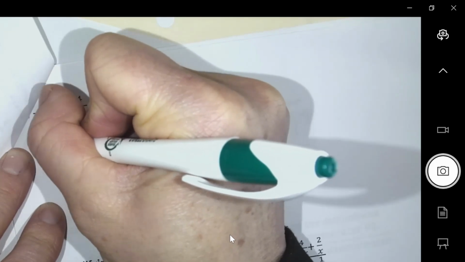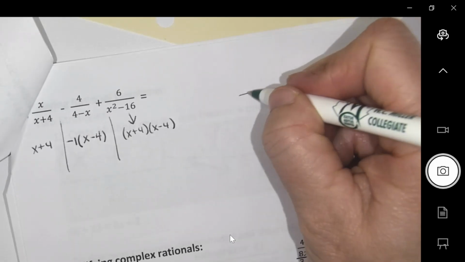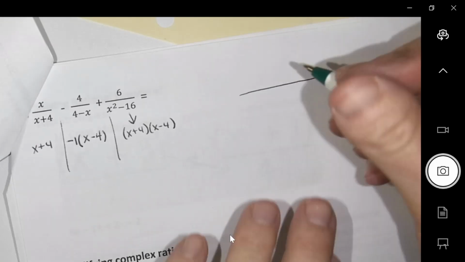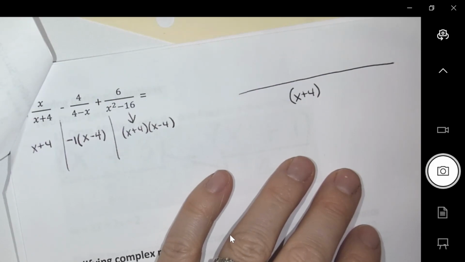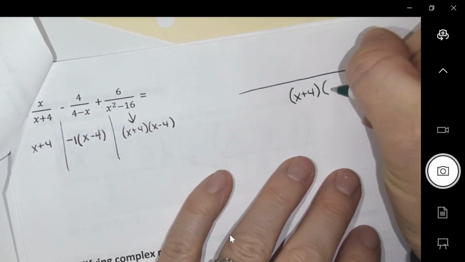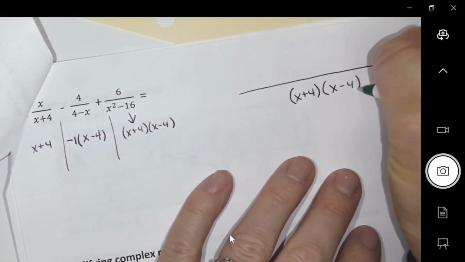Is it? Okay, so these are all the bottoms. So I have to think about what am I all going to need to put in my bottom so that all 3 of those fit in. I need an x plus 4. I need an x minus 4.